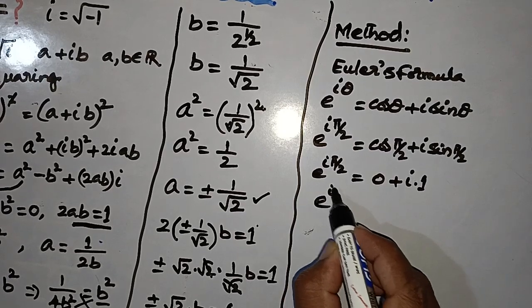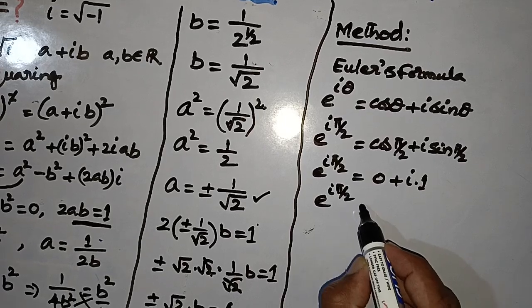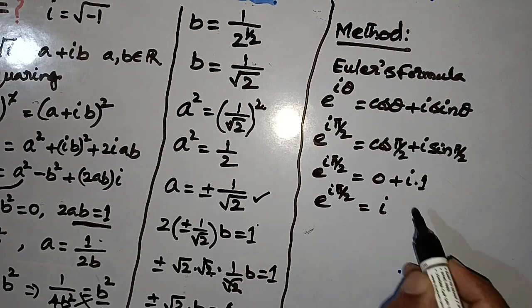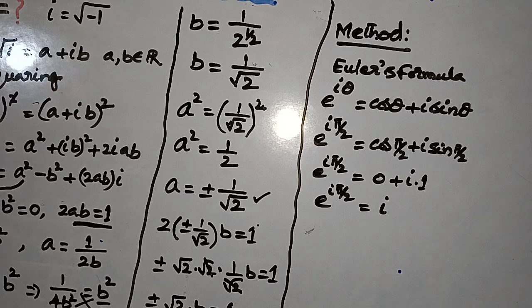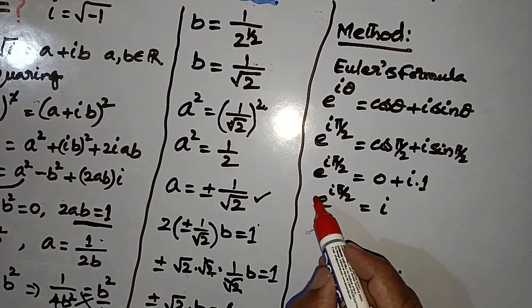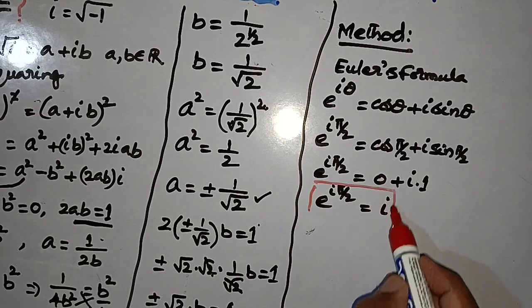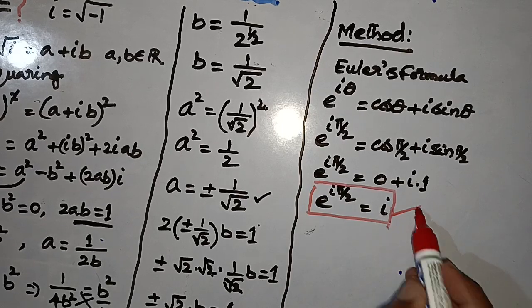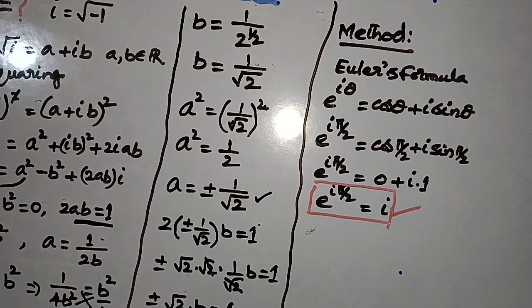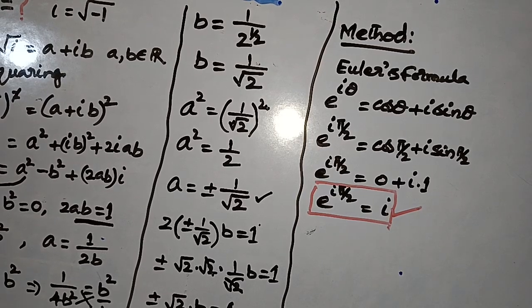So now we have e to the power of i pi by 2 is equal to only i. So with this we can make a generalization that whenever we want the value of i, we can take it as e to the power of i pi by 2.